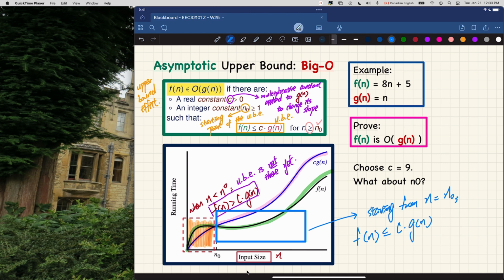And that's exactly the upper bound effects. It's there.